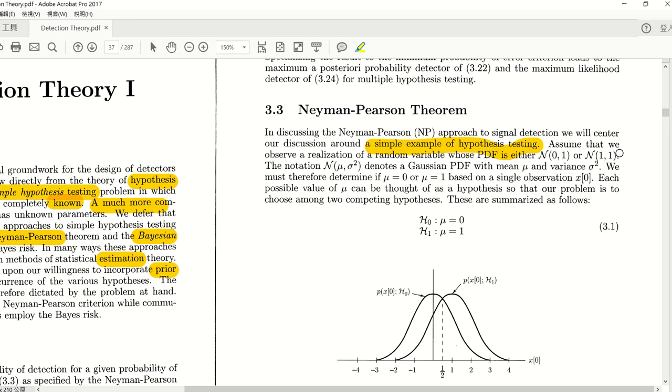This looks somewhat strange at the beginning, but in fact it's not. Recall in chapter 1, we mentioned something like 0 plus noise and 1 plus noise. You recall that example?